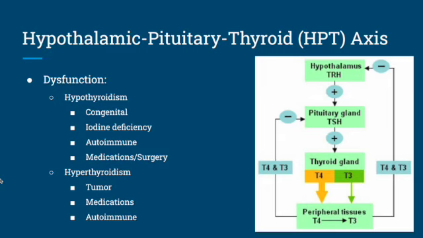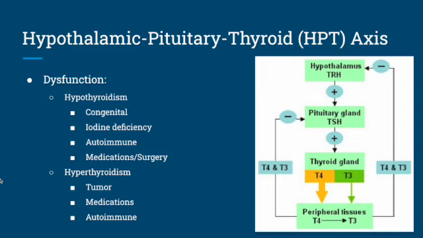So the picture on the right is again showing us one of these negative feedback loops where the hypothalamus creates a hormone called TRH, thyrotropin releasing hormone, and then that's going to stimulate TSH from the pituitary gland. Then the pituitary gland is going to stimulate the thyroid gland with the TSH, and the thyroid gland produces this T4 and T3.